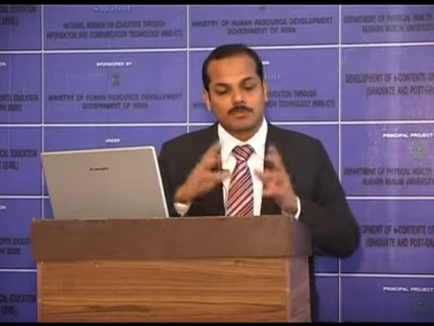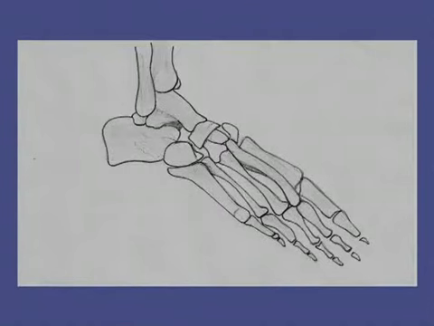Now, we will go through the different movements available in the ankle and foot complex. Two important movements are plantar flexion and dorsiflexion. Plantar flexion is the movement of the foot away from the tibia, and this movement is assisted by the flexor muscles of the foot.